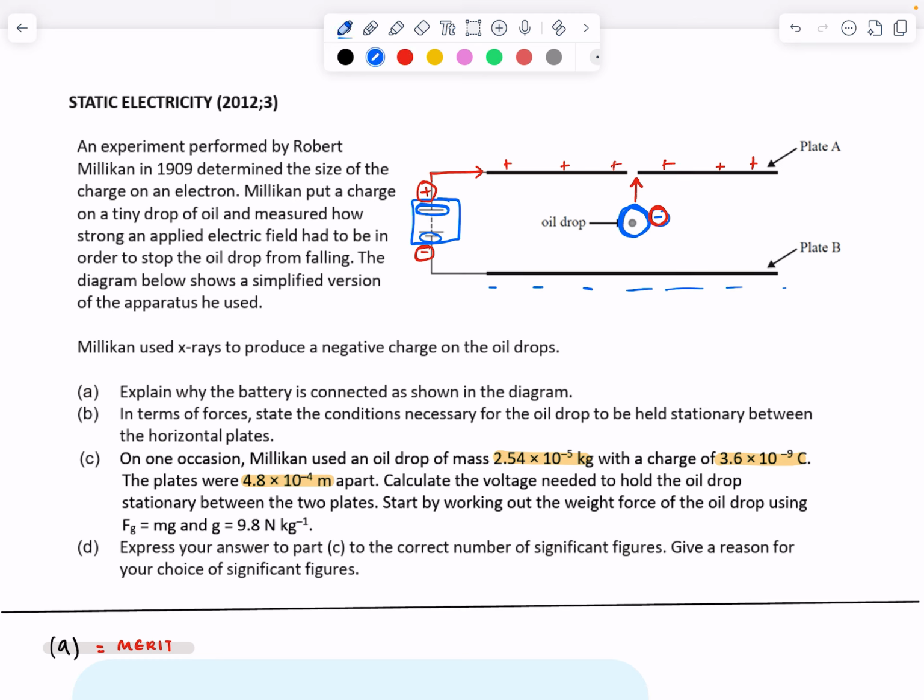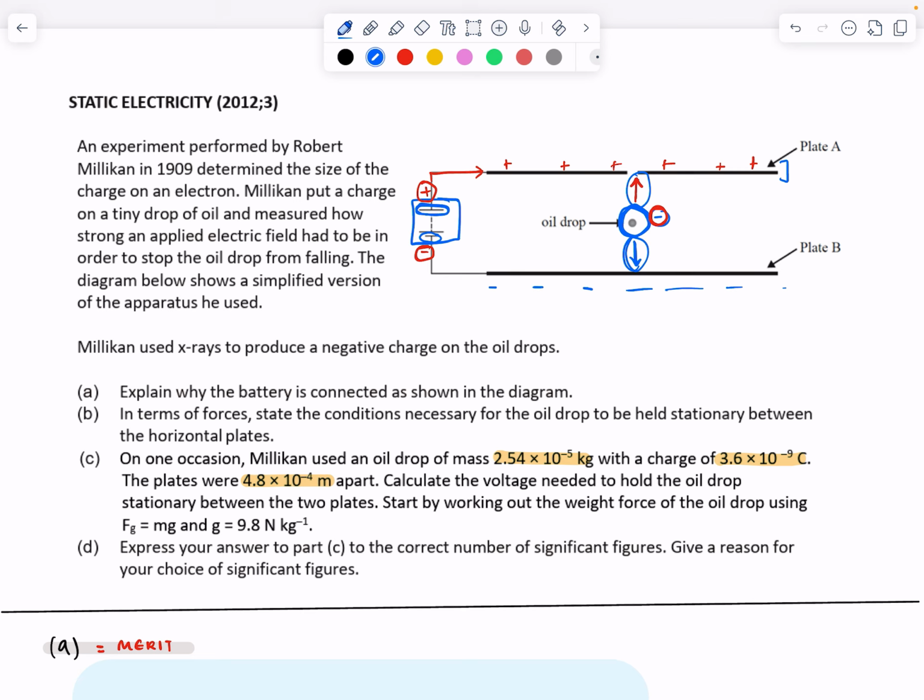In the opposite direction, we've got gravity. Gravity is the force that would pull the oil drop down. Because these two forces are equal and opposite, and because we have the top plate that is positive, this is what allows the oil drop to float or be suspended in the middle of the two plates.